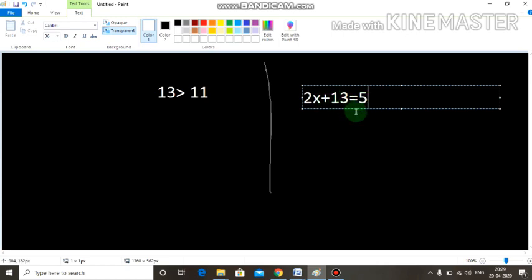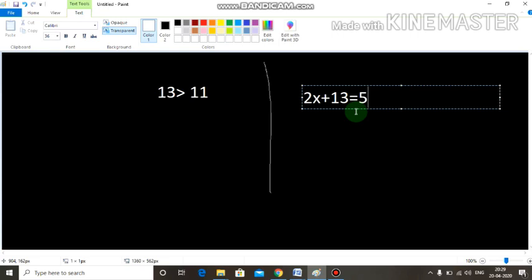You know very well that in the case of an equation, if we multiply both sides by the same number, divide both sides by the same number, add a number to both sides, or subtract a number from both sides, then after all these operations the equation remains unchanged, that means the equality sign remains unchanged.